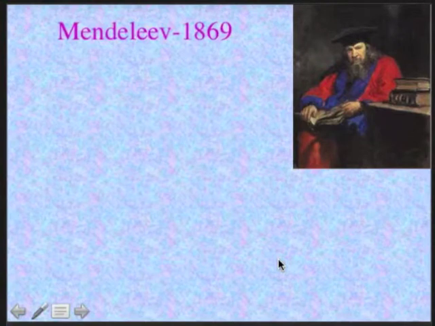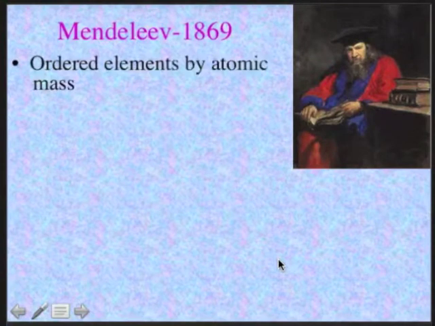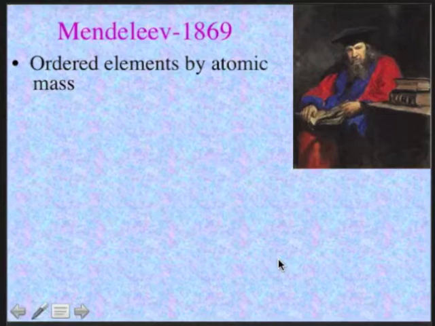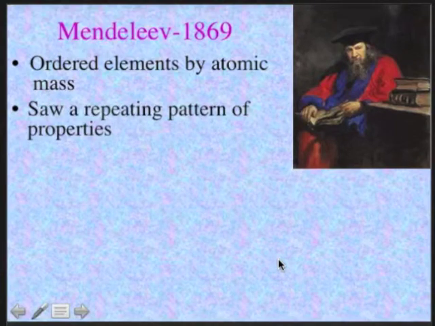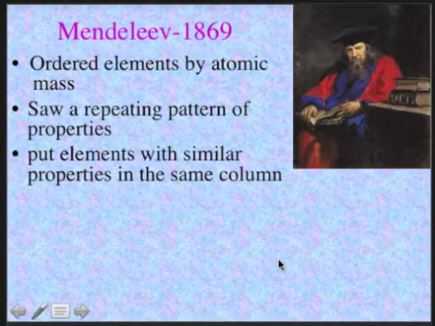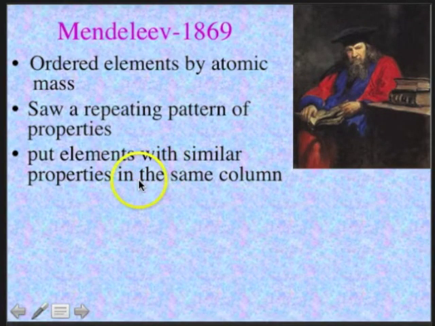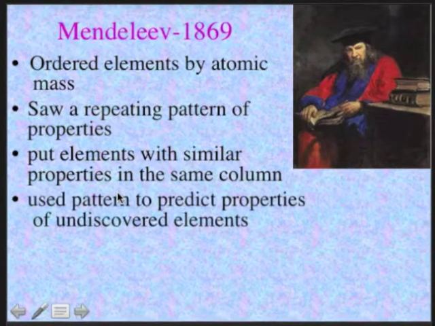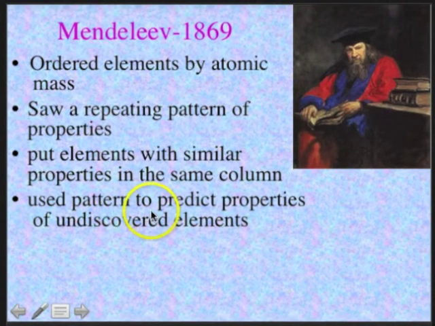Now, Mendeleev in 1869 ordered the elements by atomic mass. These days we do it by atomic number, but in those days he used atomic mass. And he saw a repeating pattern of properties. And what he did is put the elements with similar properties in the same column and used a pattern to predict properties of undiscovered elements.